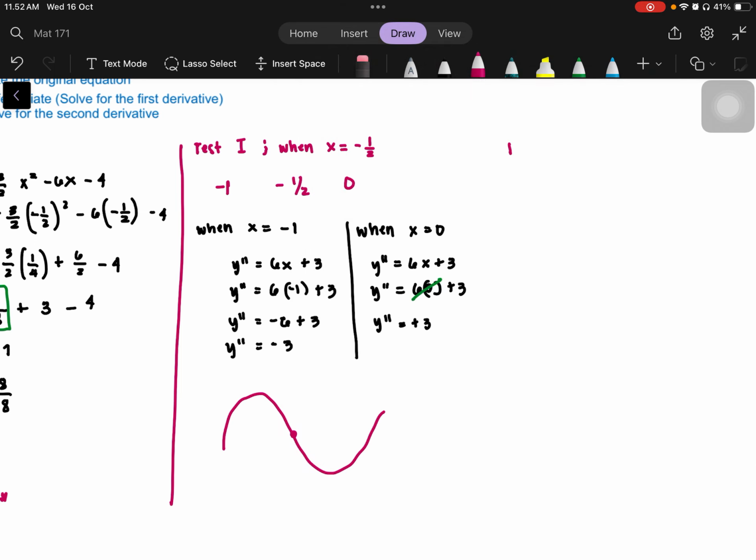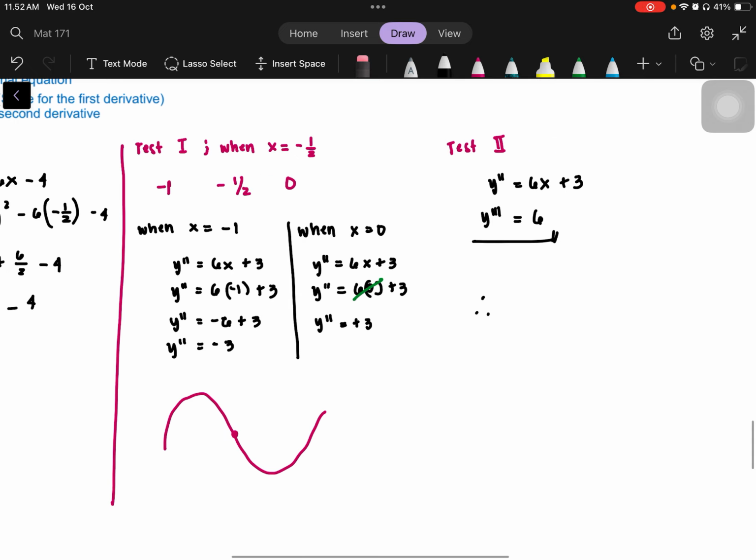But, okay, so to test naman natin sa statement 2, so using the test 2 naman natin, check natin if the y triple prime will not be equal to 0. Okay, tingnan muna natin kapag nag-equal kasi siya sa 0, ibig sabihin, hindi yan yung point of inflection natin. So, therefore, if we have y double prime is equal to 6x plus 3, check natin, y triple prime is, derivative ng 6x is 6.